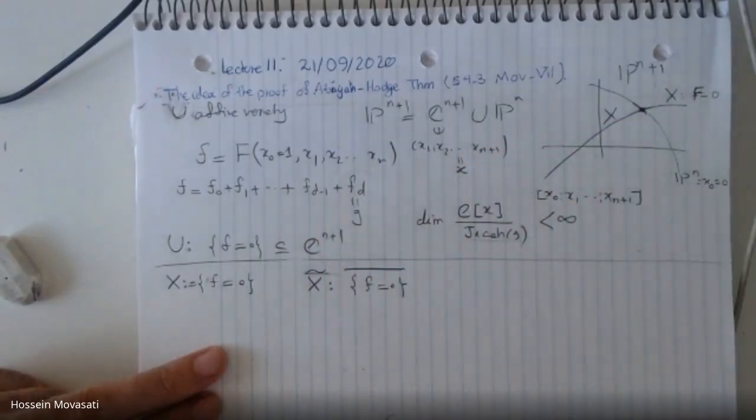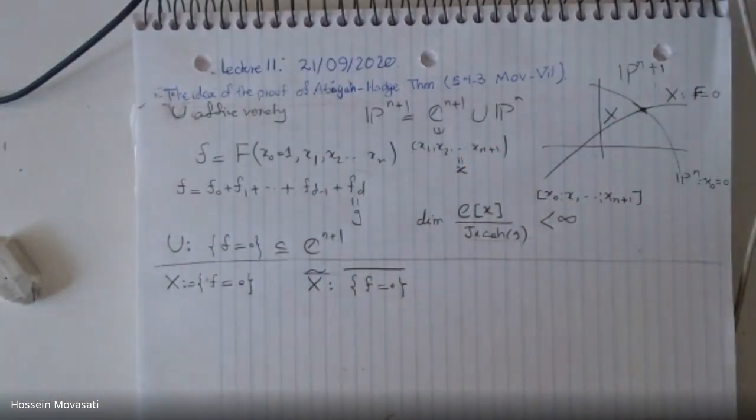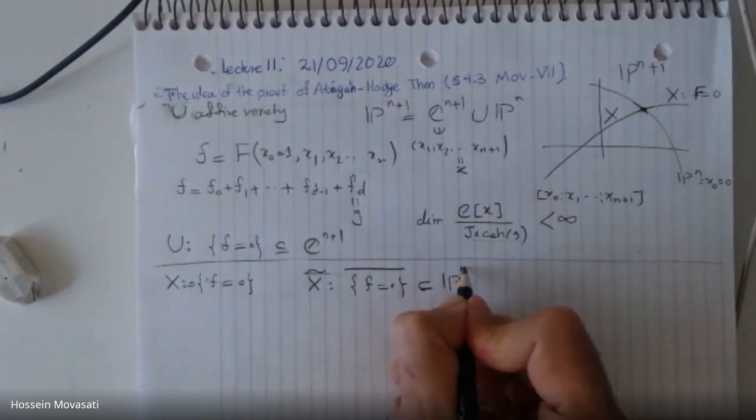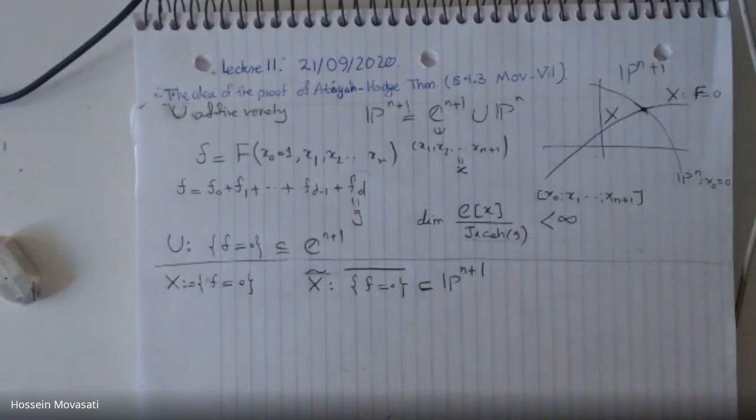This is just a change of notation, because in the proof this new notation is used in my book with Roberto. This will be inside P^{n+1}.